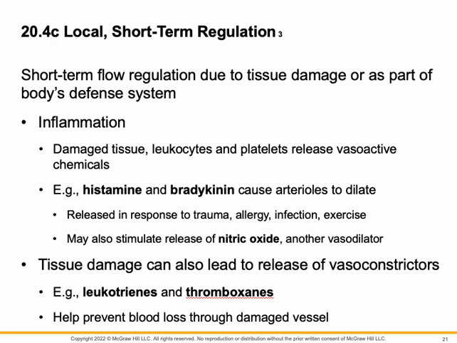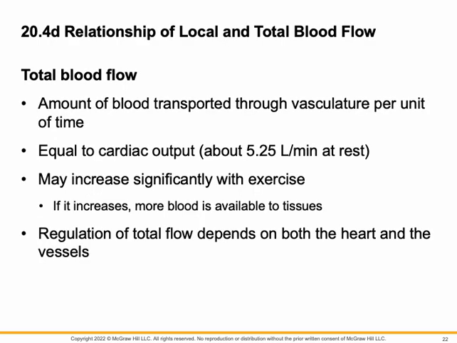And then you have some that are vasoconstrictors, so these are things like leukotrienes and thromboxanes, which again are these kind of local mediators, and these are helping to prevent blood loss through a vessel, right? So again, depending on the state that the tissue is in, you're either going to need increased blood flow, vasodilation, or decreased blood flow, vasoconstriction, right?